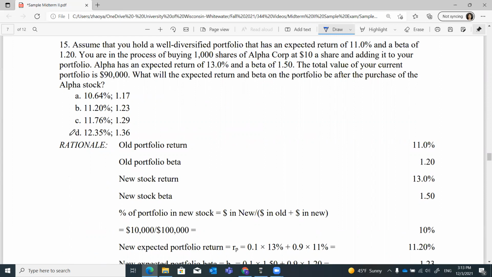Alpha has an expected return of 13% and a beta of 1.5. The total value of your current portfolio is 90,000. What will the expected return and the beta on the portfolio be after the purchase of the Alpha stock?